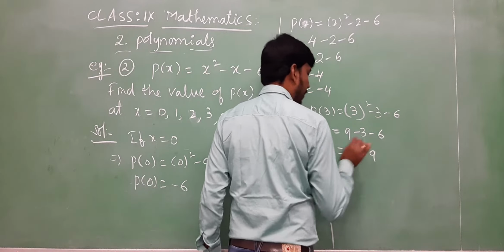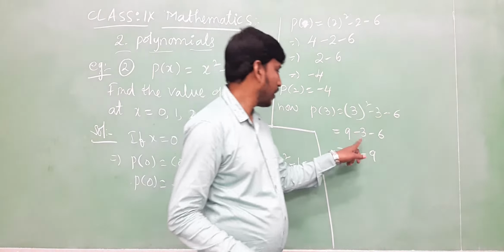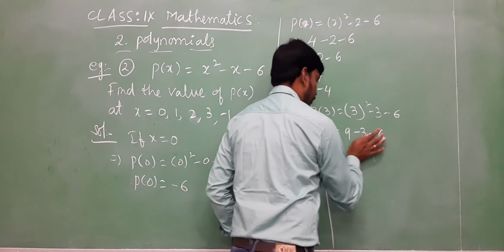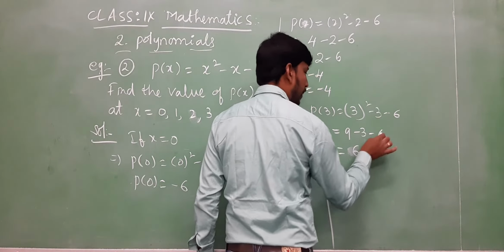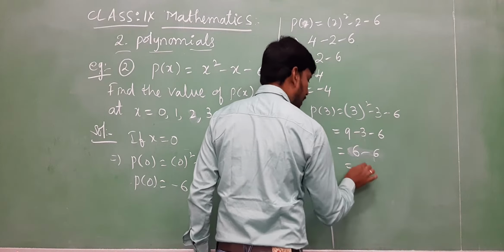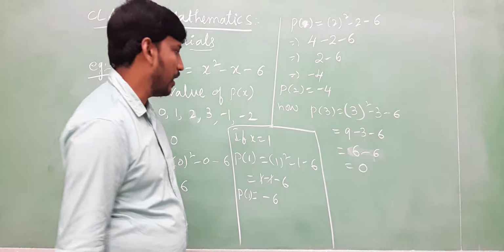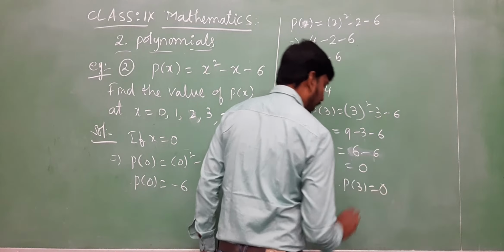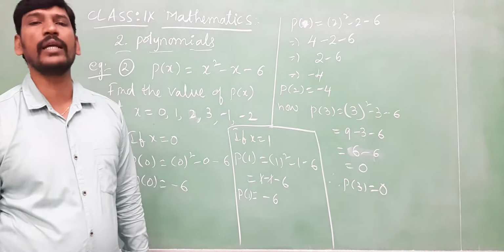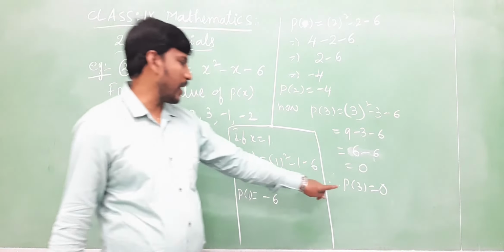Or you can do it like this also, you can understand it better. 9 minus 3 is equal to 6, minus 6 as it is. 6 minus 6 is 0 here. Yes, sir. Therefore, p(3) equal to, we got how much? 0.